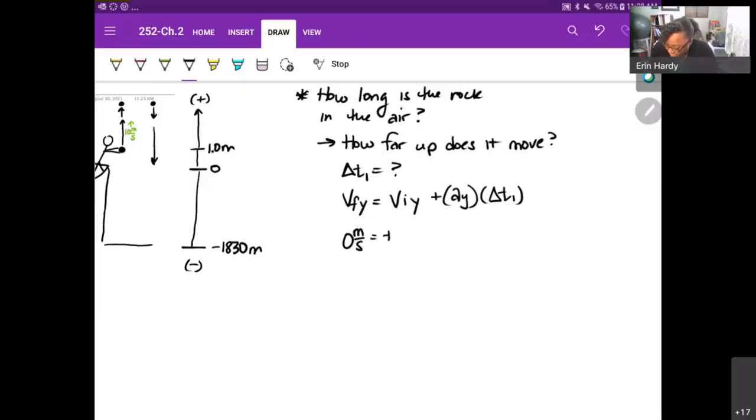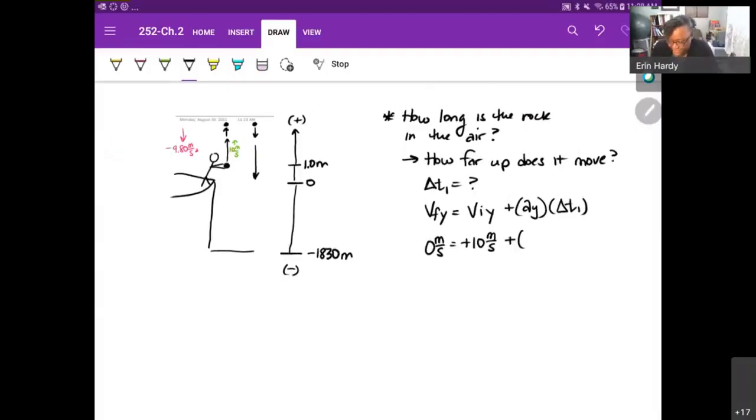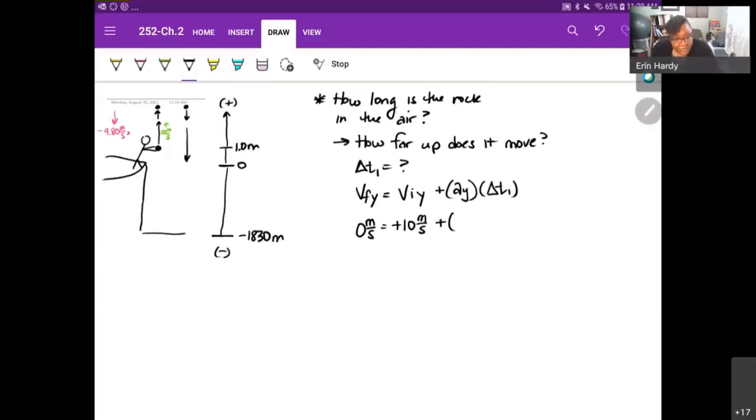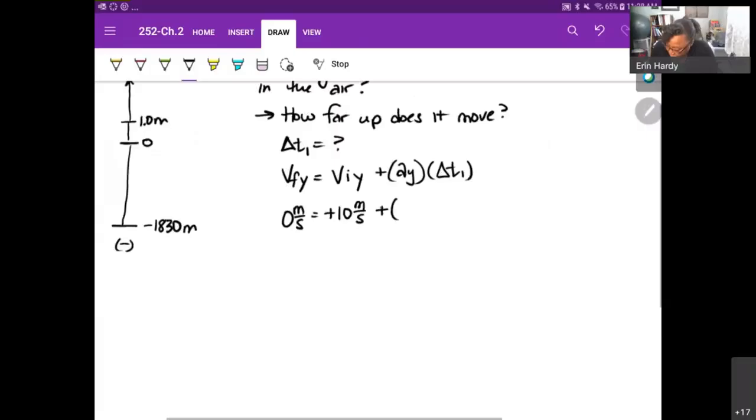V initial y, I'll use like a redundant positive here. The initial velocity is positive 10 meters per second. The acceleration is negative 9.80 meters per second squared because my negative values on the y-axis increase downward. So minus 9.80 meters per second squared. And then delta t1 is what I don't know. So we can solve for delta t1.